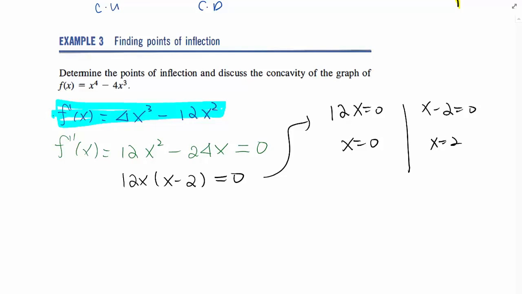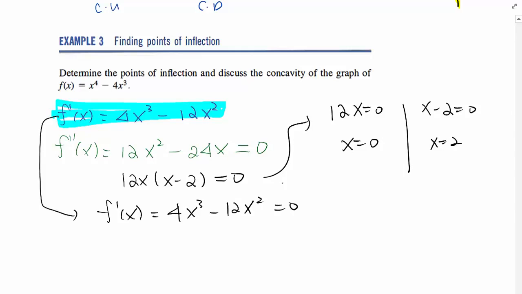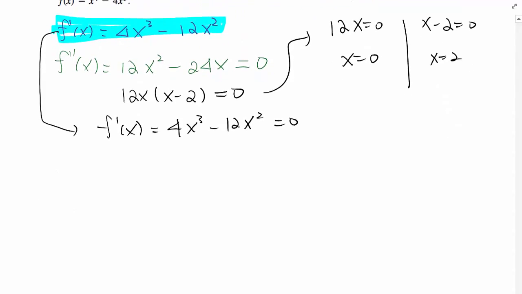Okay, so I'm going to bring this down. So f prime of x is 4x cubed minus 12x squared. Let's make it equal to 0 here. Okay, then the common factor is 4x squared, and then x minus 3 equals 0, right?